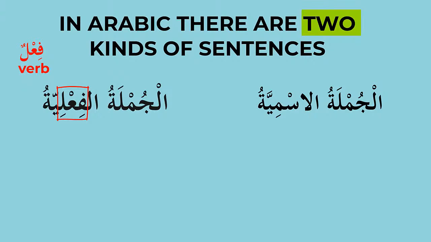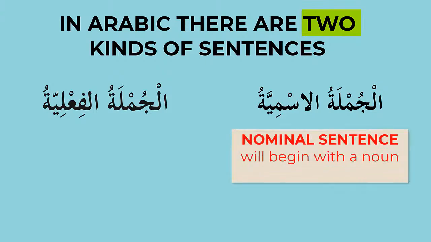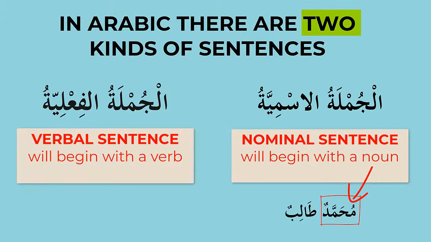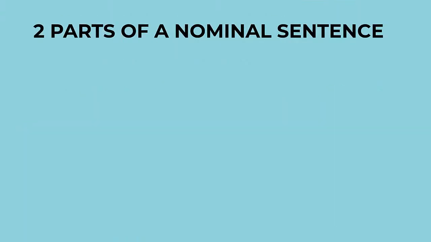Okay. So, it's very simple. Al-jumlatul ismiyatu, what do we call in English? Nominal sentence will begin with a noun. And al-jumlatul fi'liyatu, in English, verbal sentence will begin with a verb. Okay, fine. Easy, very easy.